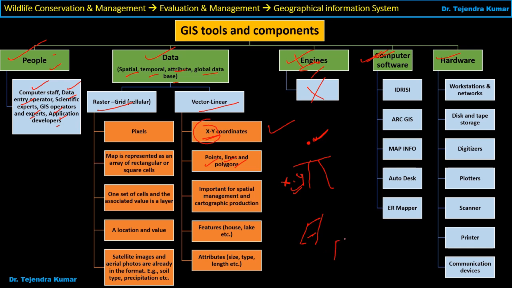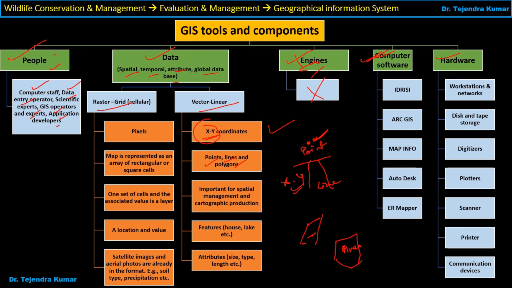Like farm land is there, so this is the picture, or forest land is there. So this is the area, this is the line, this is the point. So points, lines or polygons can be there. Important for spatial measurement and cartographic production.